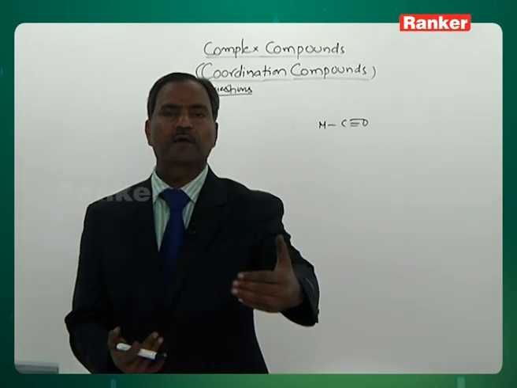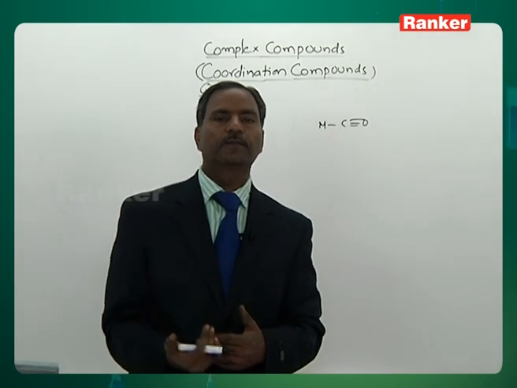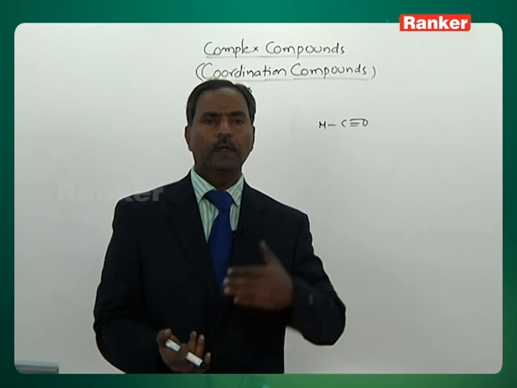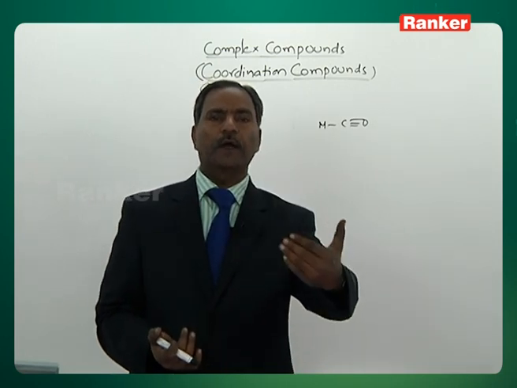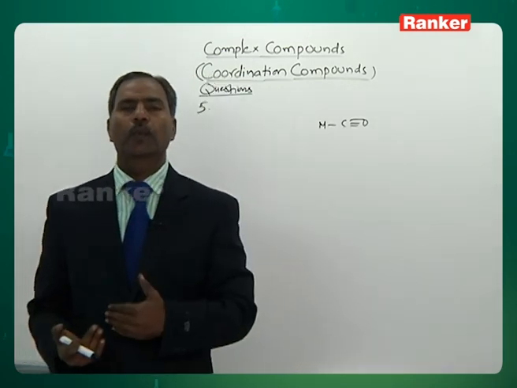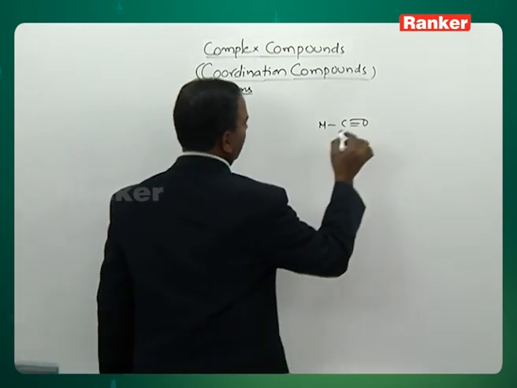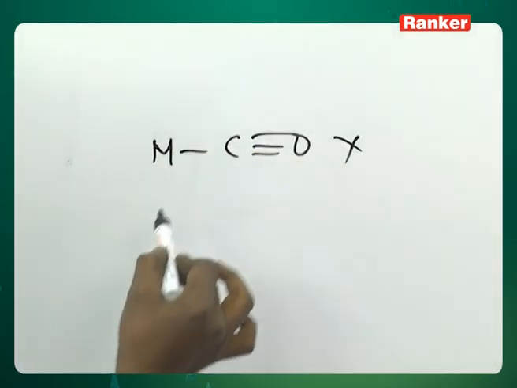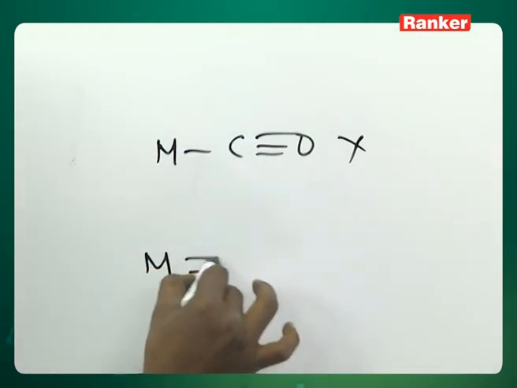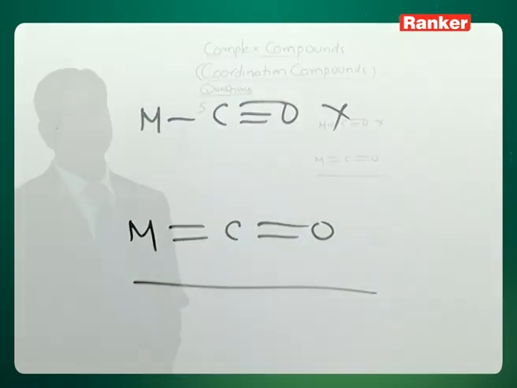First, it donates a pair of electrons, resulting in the formation of a sigma bond. Again, it accepts a pair of electrons, resulting in the formation of a pi bond. So it is capable of forming a sigma and also a pi bond. Therefore, metal to carbon double bond formation takes place. Are we expecting this type of bonding? No. Because of its special character, it is a pi accepting ligand. Therefore, metal to carbon, carbon to oxygen, this type of bonding is seen in metal complexes.